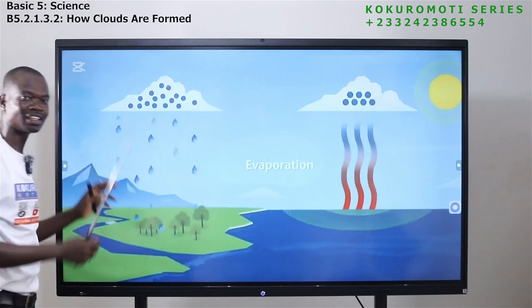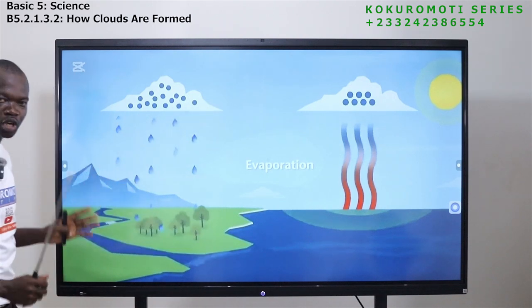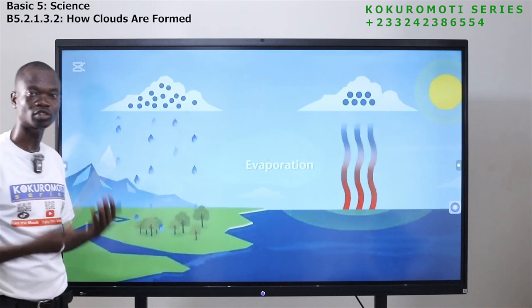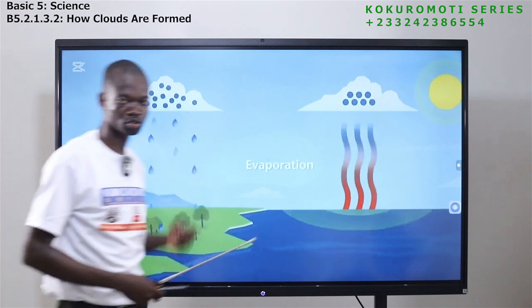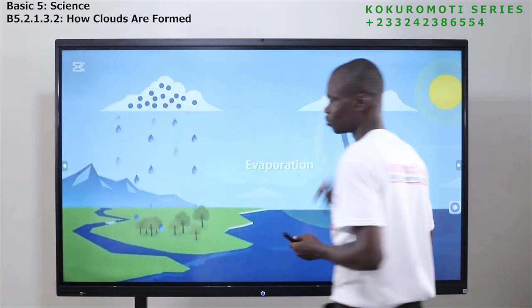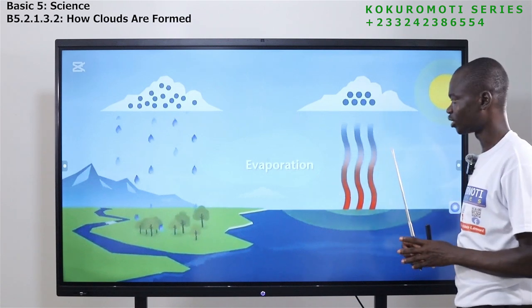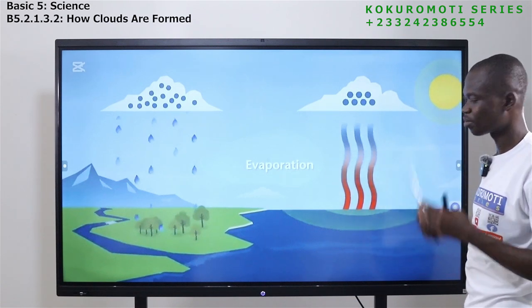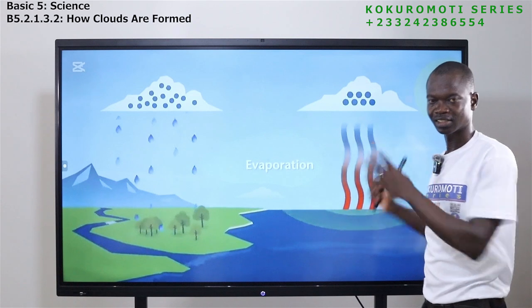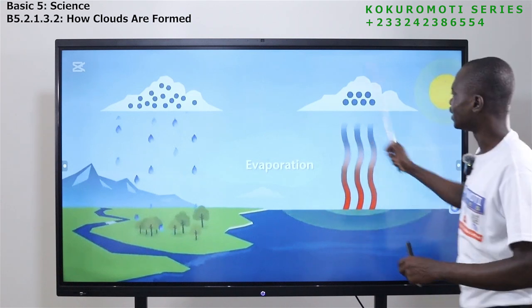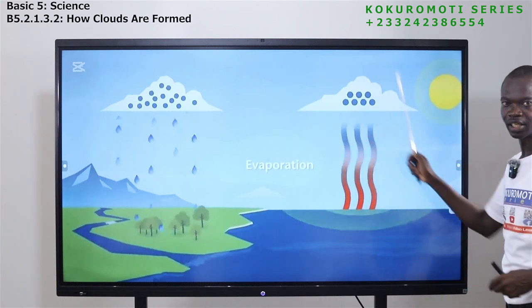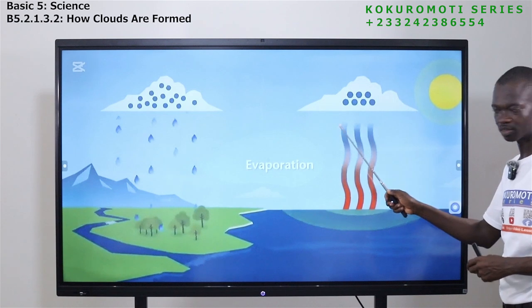So this is another thing that you should know about the water cycle, the movement of water. Clouds are also part of the process, because condensation is part of it. So if you are asked to describe how the water cycle is, this is another typical one. But here, the clouds are formed through condensation.